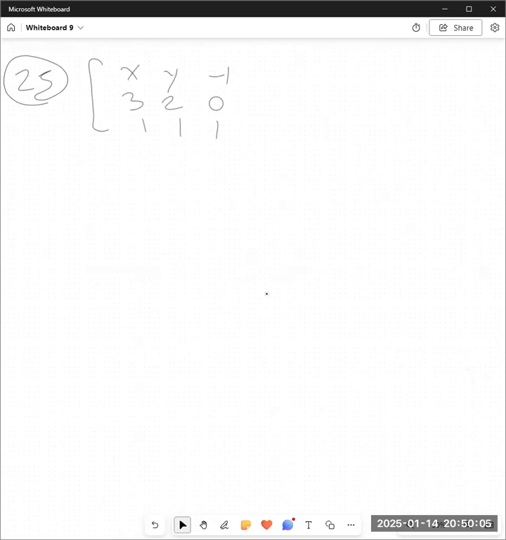And I'm going to expand on that top row that has the variable.